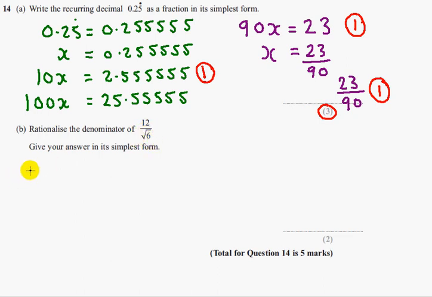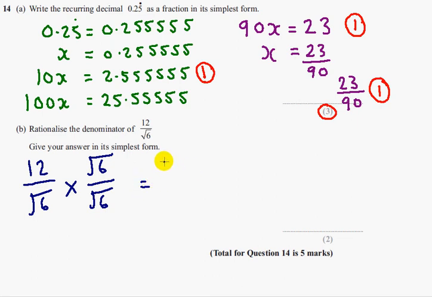If I times anything by 1, it doesn't change the value, does it? So 12 over root 6 times by 1 doesn't change anything. So if I times it by root 6 over root 6, anything over itself is 1.